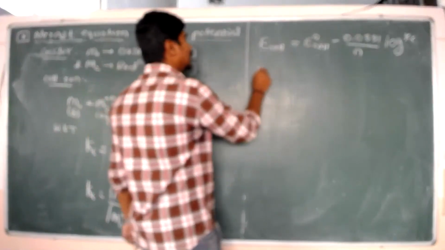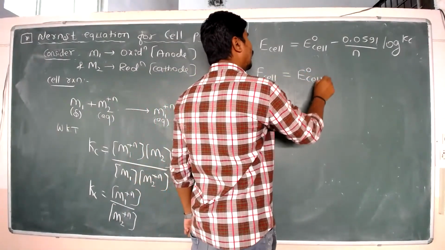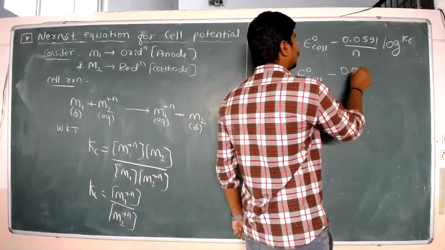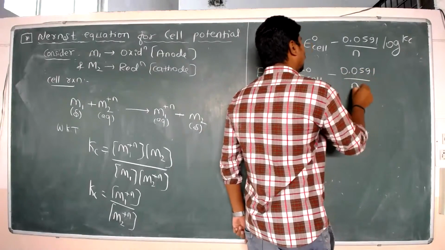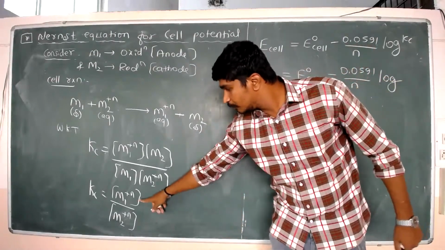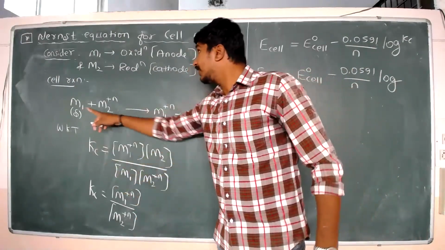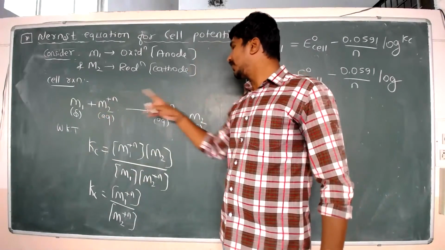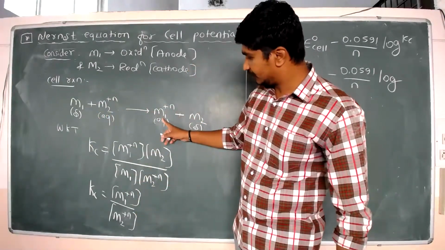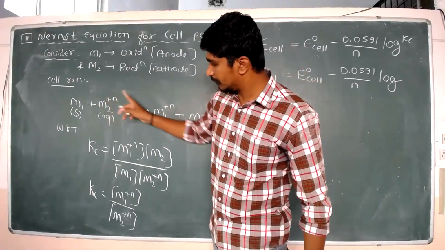Now E cell is equal to E naught of cell minus 0.0591 by n log of, in place of Kc you can write M1 plus n divided by M2 plus n. M1 is undergoing oxidation, M2 is undergoing reduction. That is product by reactant: product concentration is M1 to the power plus n, reactant concentration is M2 to the power plus n.